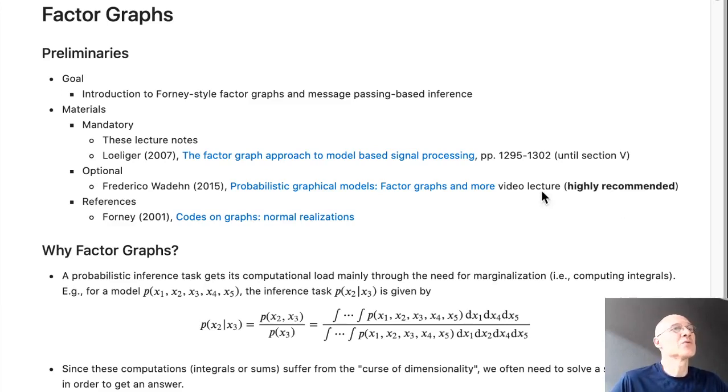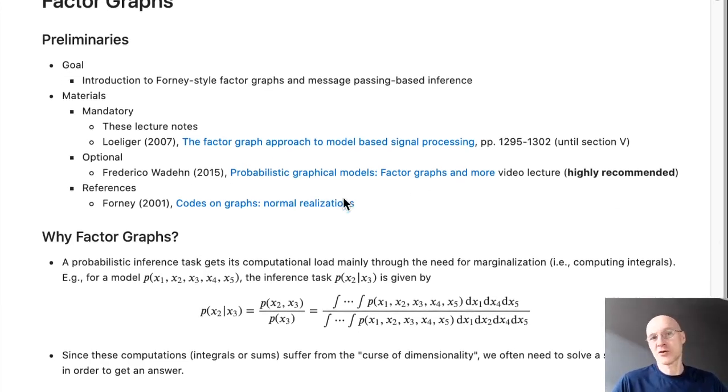What you want to do is first look at this video, then go through the lecture notes yourself. I'm going through the lecture notes, or at least a guide through the lecture notes, in this video. Go through the lecture notes yourself, and I also want you to read Loeliger's paper, the factor graph approach to model-based signal processing, just the first 5-6 pages.